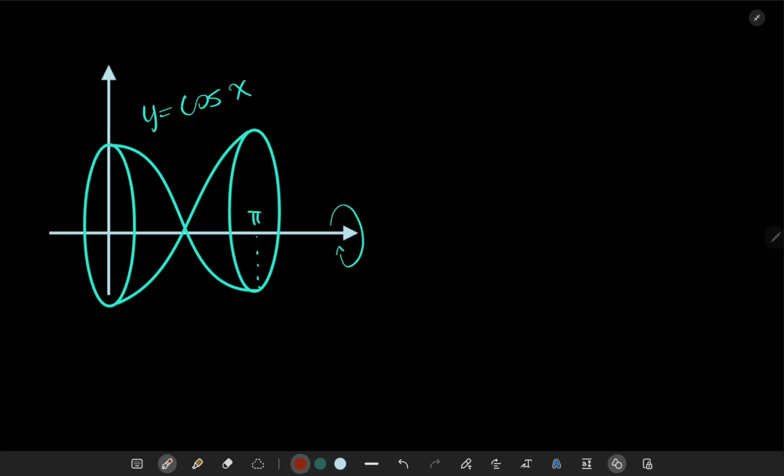So let's go ahead and grab a rectangle here. Actually, let me just grab this vertical line.